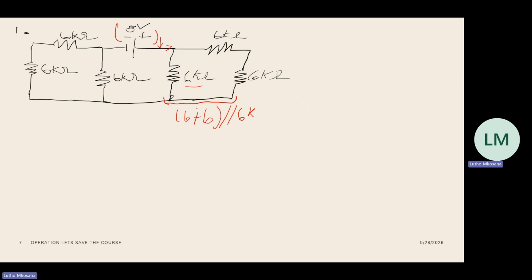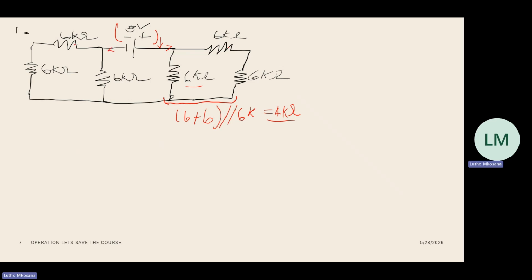All of them are kilo ohm, which will give us a 4 kilo ohm resistor. And then we have the same thing on this side.